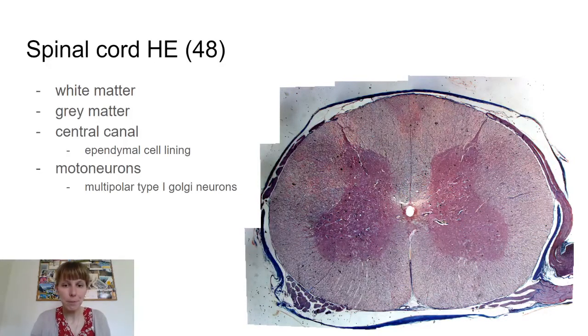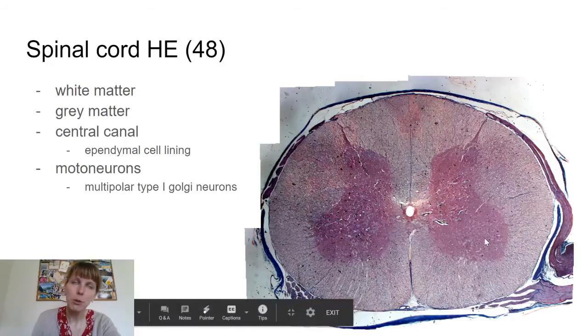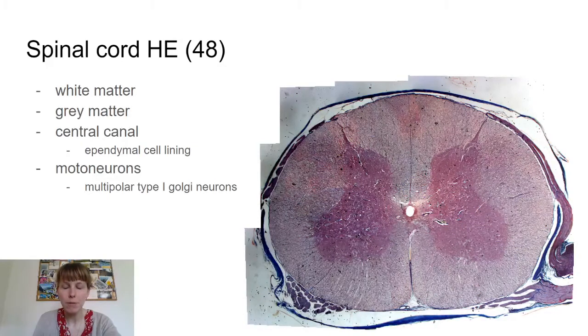Ependymal cells form a simple epithelium which is cuboidal to columnar. We will take a look at it, and these cells also have kinocilia, because they also help the flow of the cerebrospinal fluid.